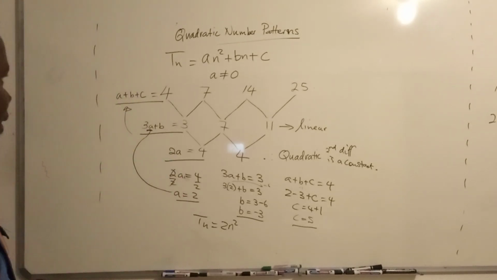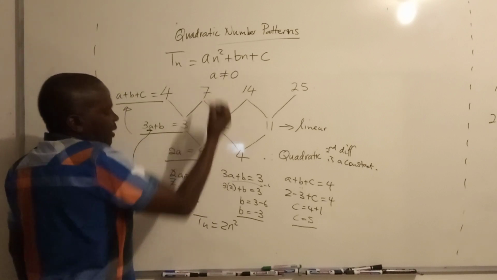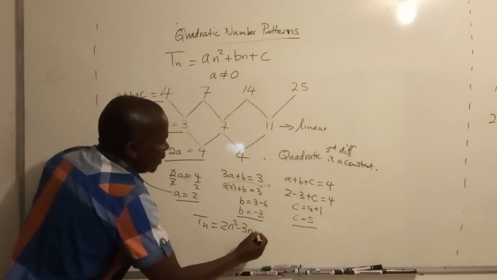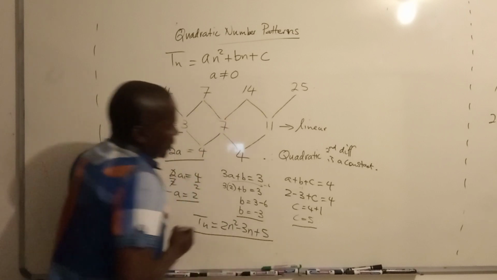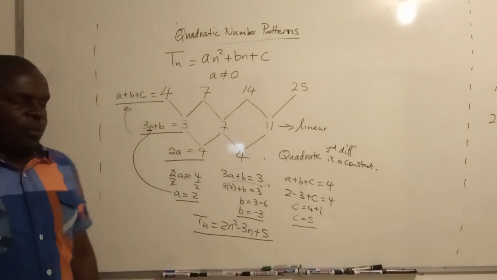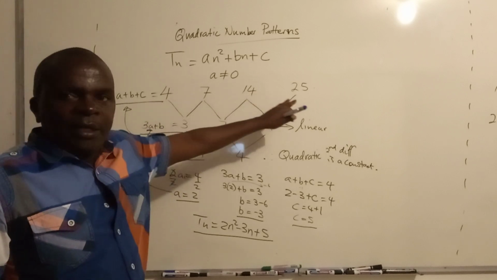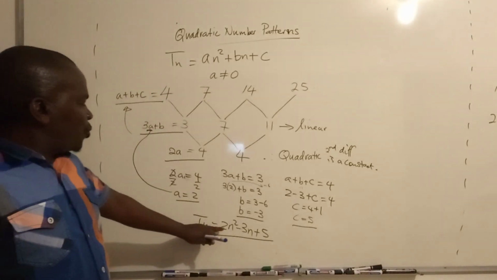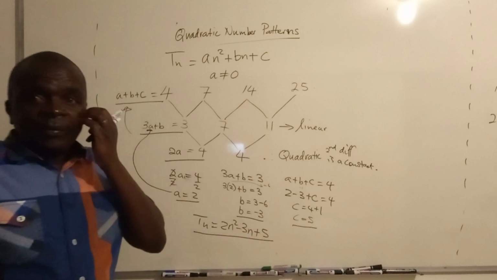And then b is negative. Here it's a plus, but a positive and a negative will give us negative 3n plus 5. So the general expression for this sequence, or quadratic number pattern, is 2n squared minus 3n plus 5.